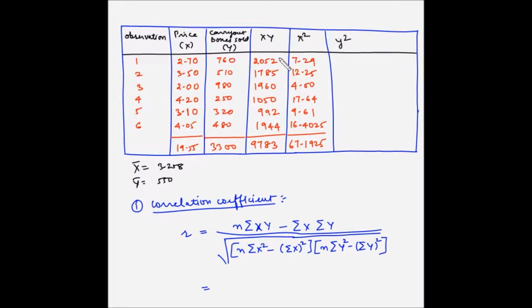So 760 square is 577,600. 510 square is 260,100. 980 square is 960,400. 250 square is 62,500. 320 square is 102,400. 480 square is 230,400.